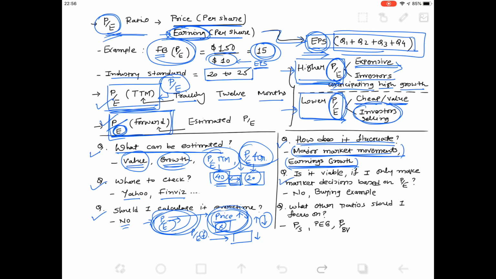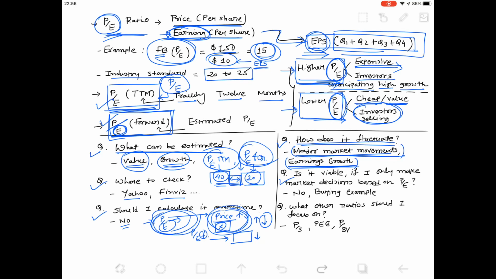Next, is it viable if I only make market decisions based on PE ratio? No. You must understand why you are buying the stock. You're not just buying the stock because PE is low, or PE ratio was low 2 months back and now it is within the range you were looking for, or something has changed in the stock.